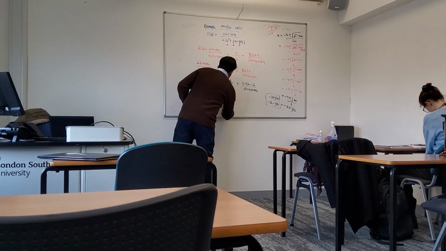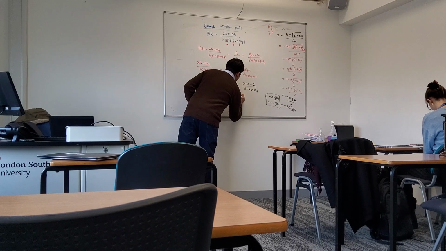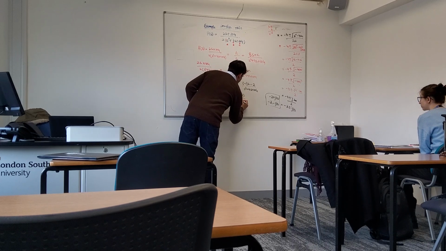So we have 1 by s minus s plus 2 divided by s squared plus 4s plus 12.